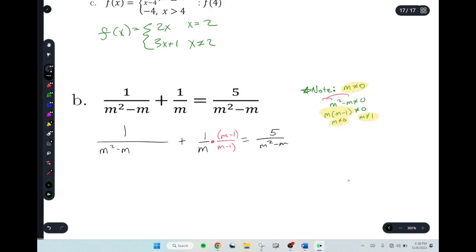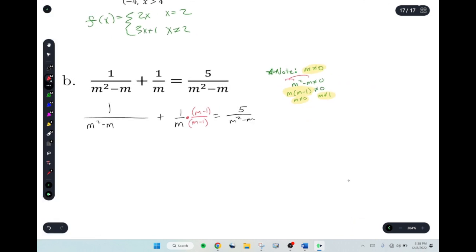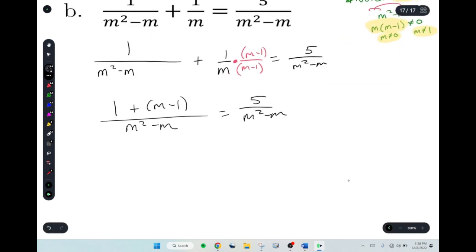Cool. And then we should be cooking. 1 plus m minus 1 over m squared minus m equals 5 over m squared minus m. Well, now I know what I'm going to do for sure. Yes, multiply both sides by m squared minus m.